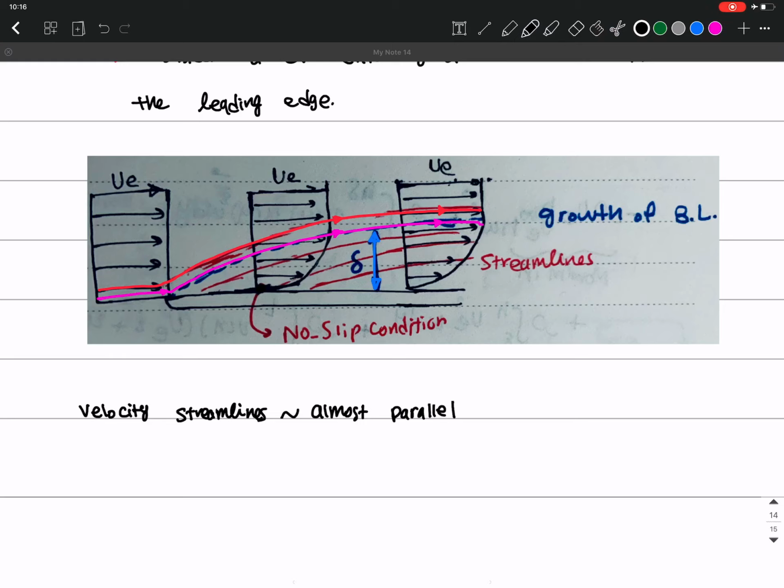And because these velocity streamlines are almost parallel, we can assume that the pressure differences are small.